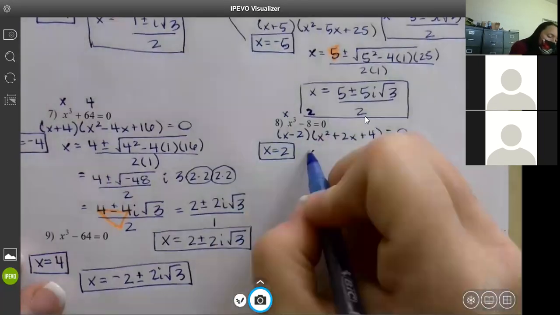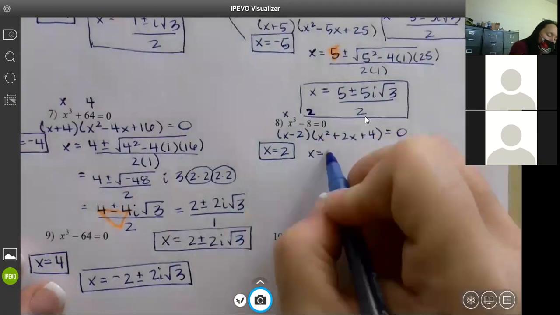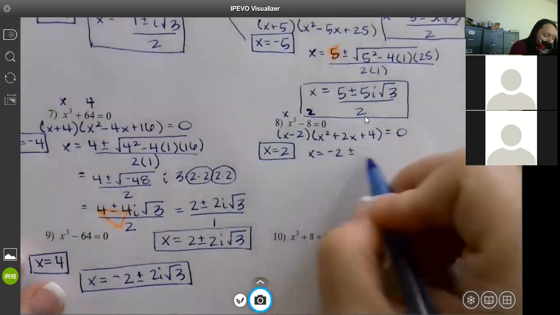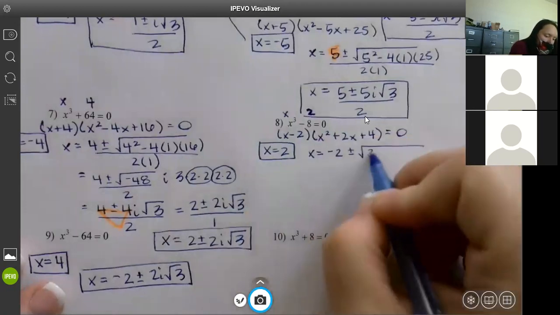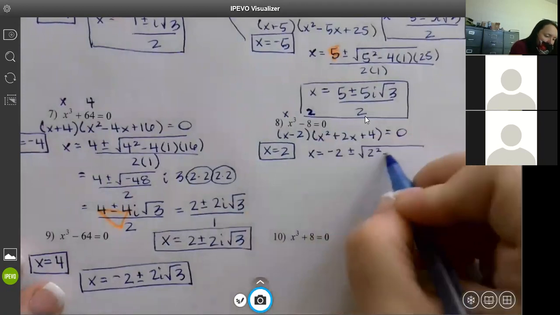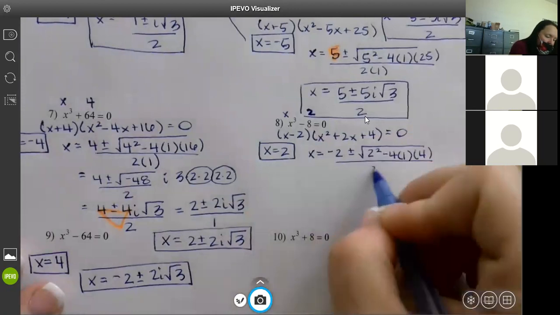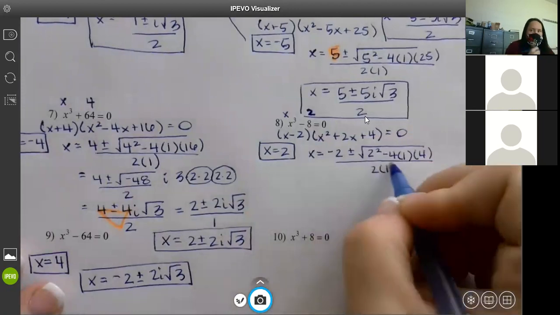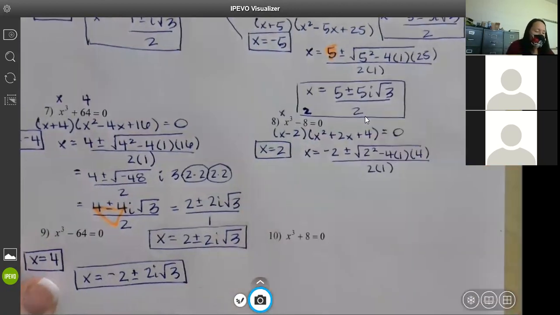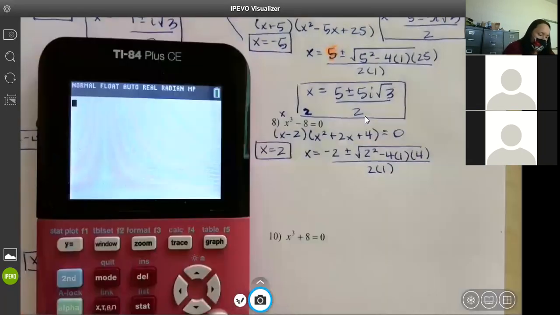Your second one, you have to do quadratic formula. x equals negative b plus or minus square root b squared minus 4 times a times c all over 2 times a. 2 squared minus 4 times a times c is negative 12.